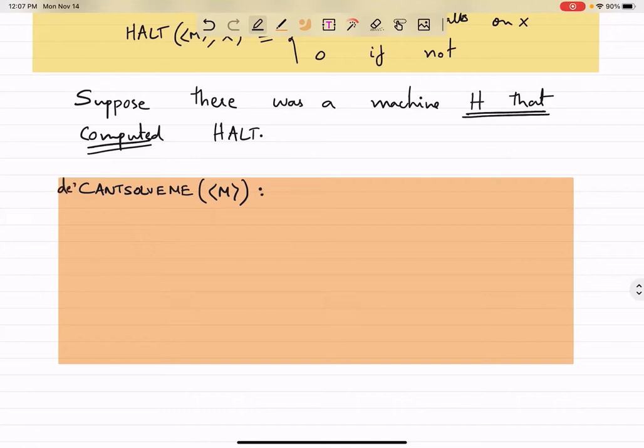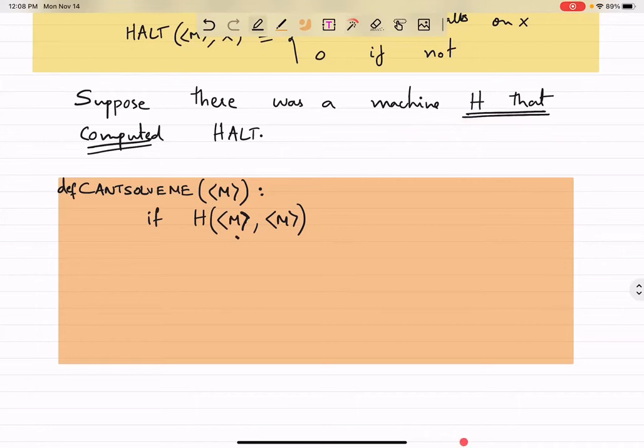I'm going to use Python notation, just to be clear. And what it does is it checks if the input machine halts when given itself as input. We can do this now because we have a machine H that computes halt. That's our assumption, a very strong assumption.